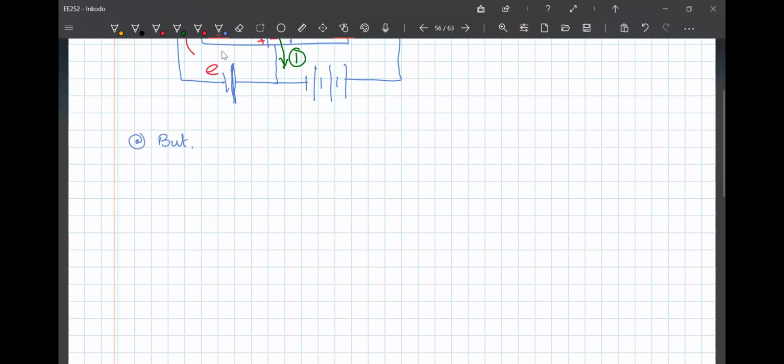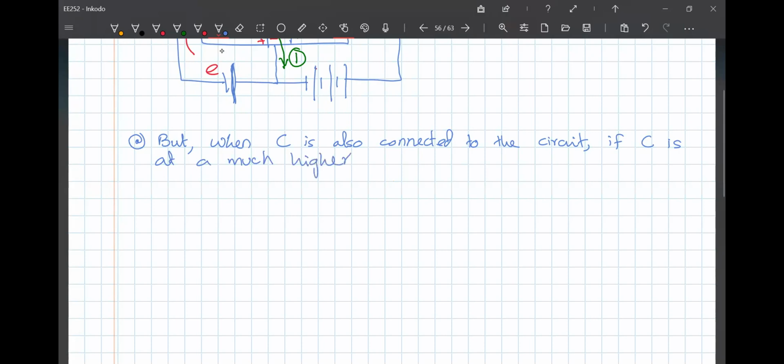But when the collector is also connected to the circuit, if the collector is at a much higher potential, remember, these are for NPN transistors.